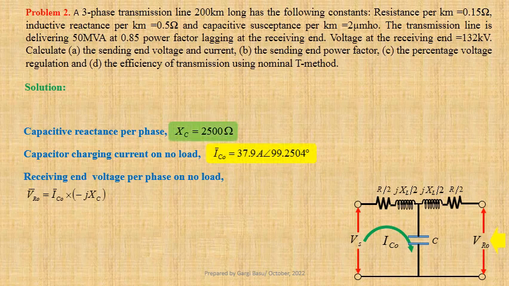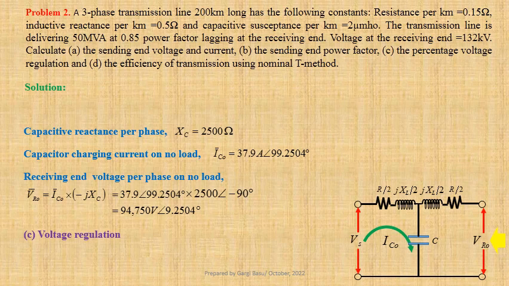Using values we get 37.9 at an angle 99.2504 degree into 2500 at an angle minus 90 degree. That gives us 94,750 volts at an angle 9.2504 degree.